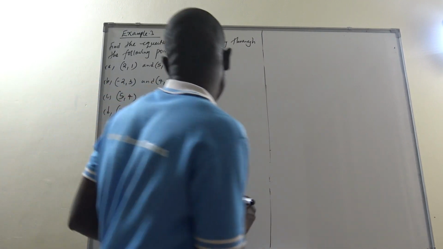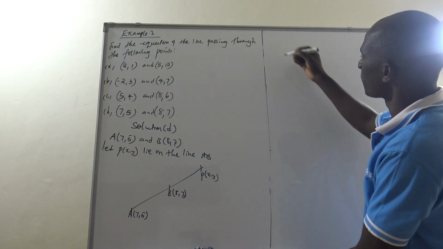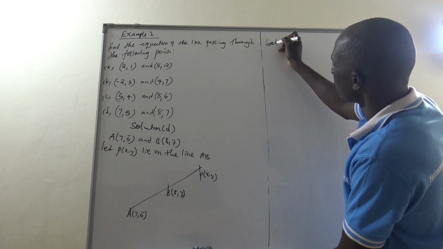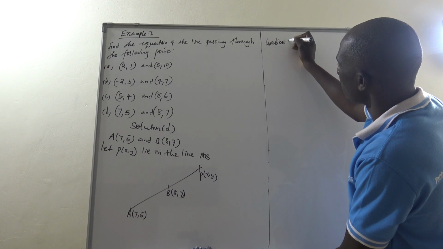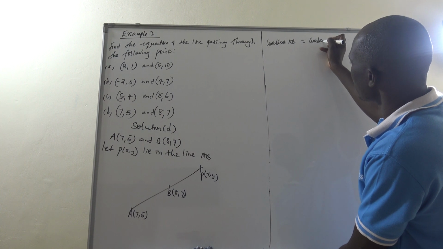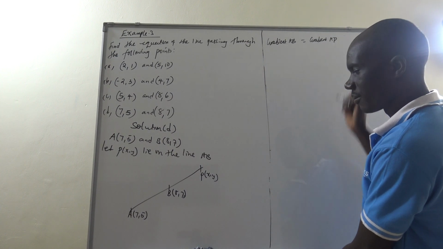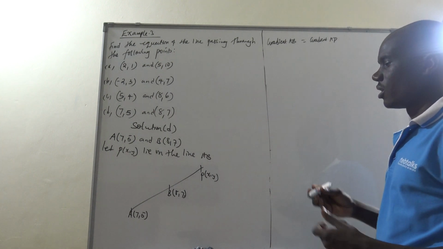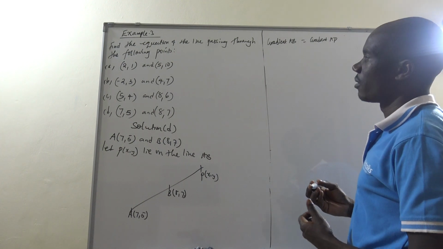So we are going to use the idea of gradient. Gradient AB equals gradient AP. Even if you say gradient BP, there is still no problem. How do we get a gradient?